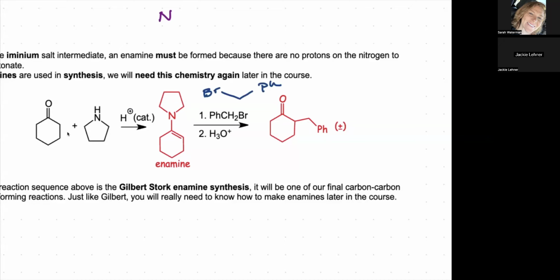And remember, this is 1 and 2, so this doesn't happen at the same time that this happens. So just to be clear, remember that bromine's a good leaving group. And so what's going to happen is these pi bonds are going to want to react with this here.